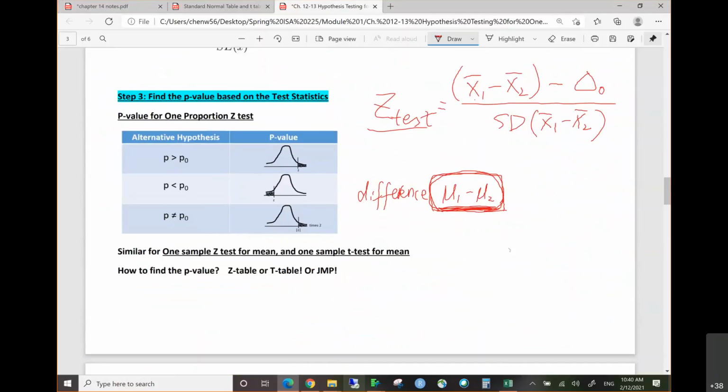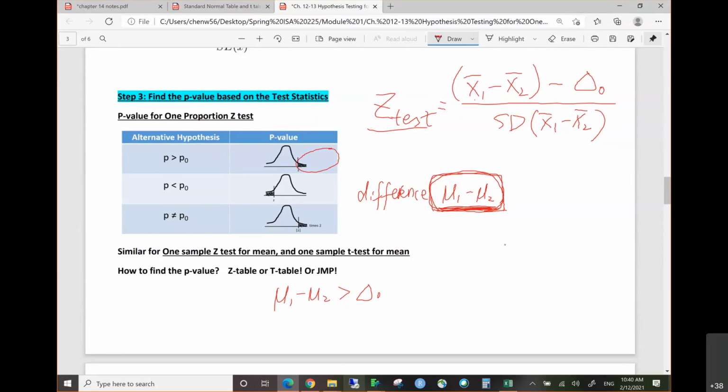If you have a right tail hypothesis, that means if you have mu1 minus mu2 larger than the delta zero, what is your p-value? You go to the standard normal table and find the probability to the right, right?